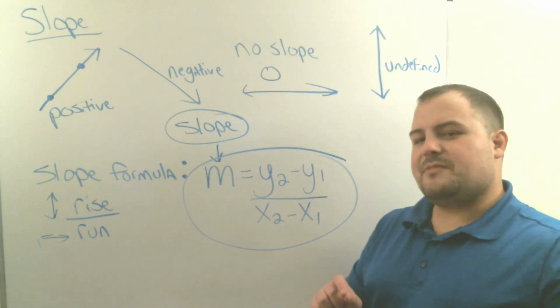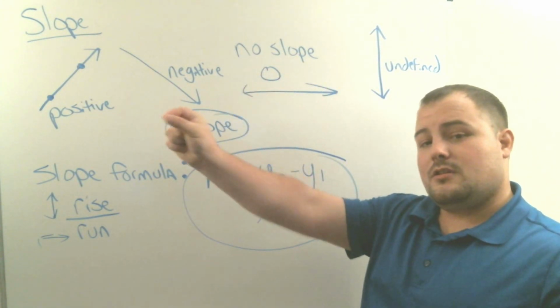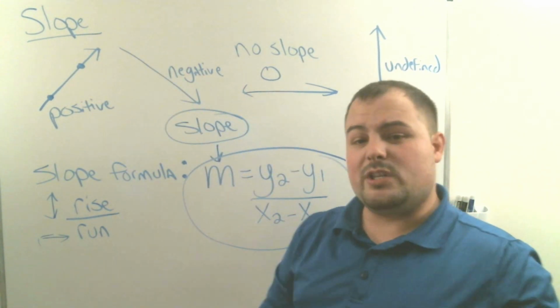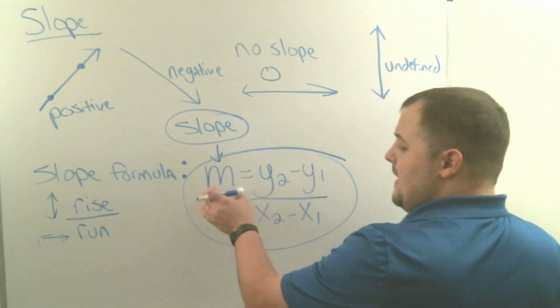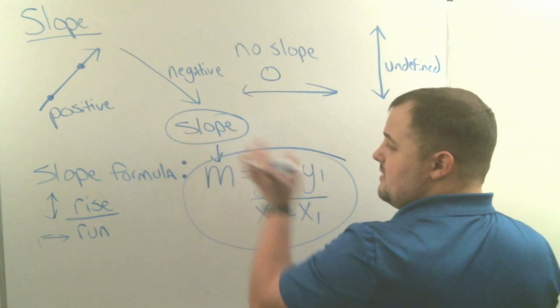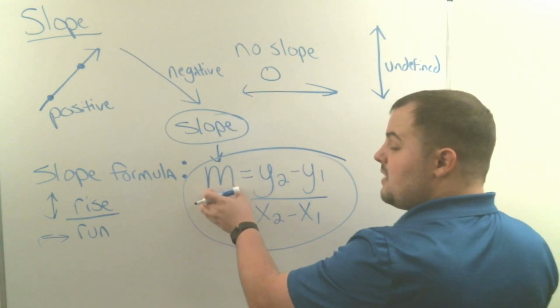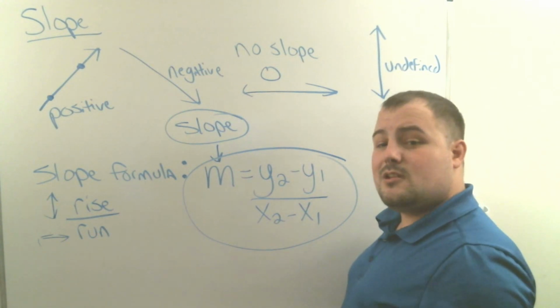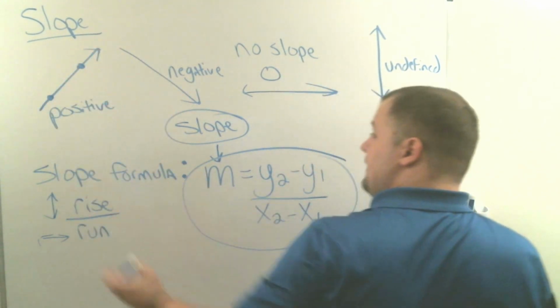So slope is how something changes vertically and horizontally at the same time to make the angle of a graph that we see. Now in mathematics, the variable m represents slope. So anytime you see an m in mathematics, unless it's labeled otherwise, it probably means something to do with slope, the steepness of a line.